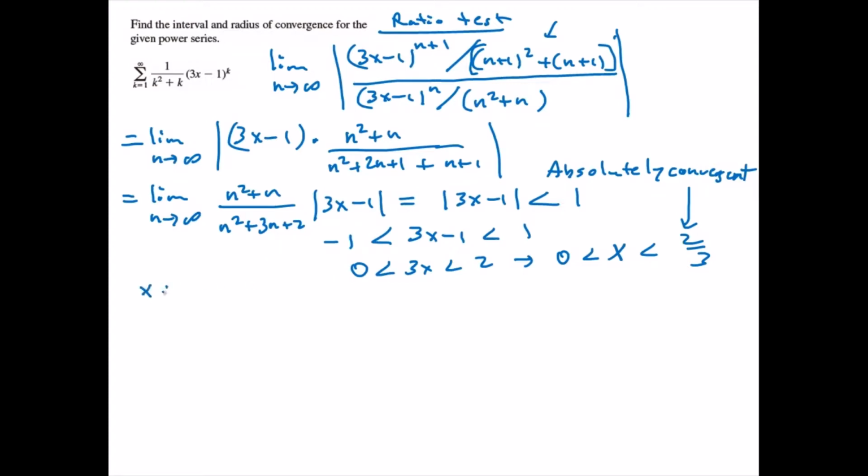So if we consider x equals 0, then we look at the series where we have negative 1 to the k power over k squared plus k, and of course we take a sum from k equals 1 to infinity. This will converge by the alternating series test.